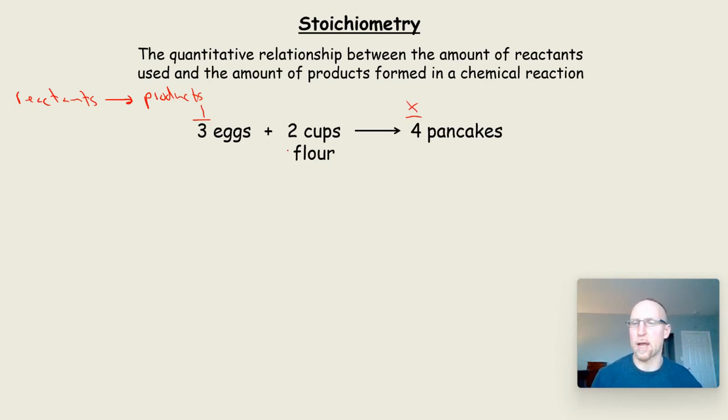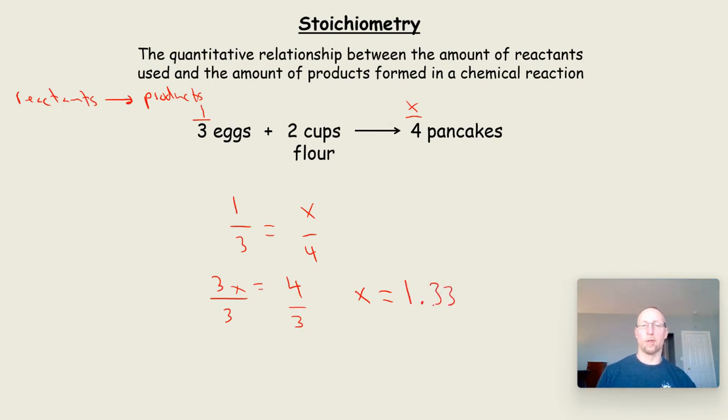So I don't care about flour right now. I have an unlimited amount of flour. But if I only have 1 egg, how many pancakes can I make? So then I pull that proportion out. 1 over 3 equals X over 4. And I cross multiply, right? 3X equals 4. Divide both sides by the 3 to get X all alone. And we get X equals 1.33, right? 1 1/3, right?